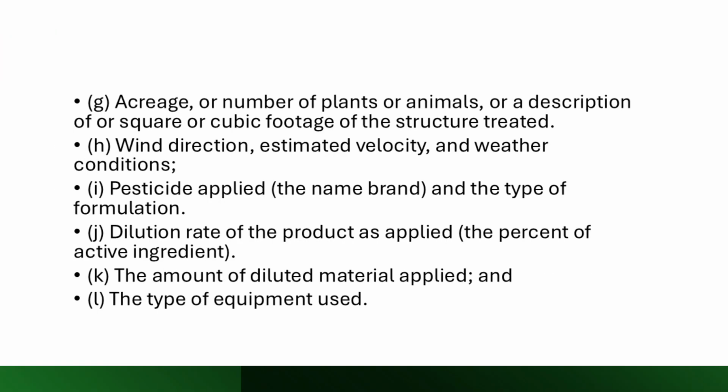G. Acreage or number of plants or animals, or a description of or square or cubic footage of the structure treated. H. Wind direction, estimated velocity, and weather conditions. I. Pesticide applied, the name brand, and the type of formulation. J. Dilution rate of the product as applied, the percent of active ingredient. K. The amount of diluted material applied. And L. The type of equipment used.